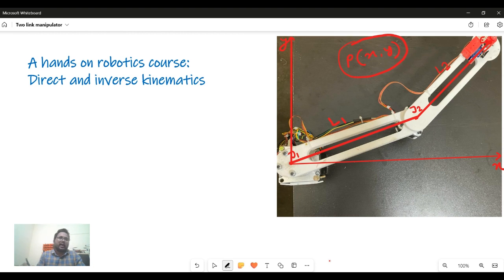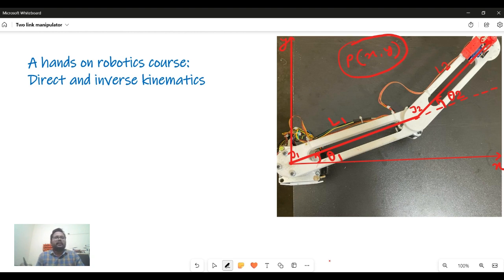And for given theta 1 and theta 2, let me first introduce: the angle made from the x-axis is theta 1, and if I extend this line, the angle from the extended line is theta 2. For given theta 1 and theta 2, what will be the point xy, that is direct kinematics.